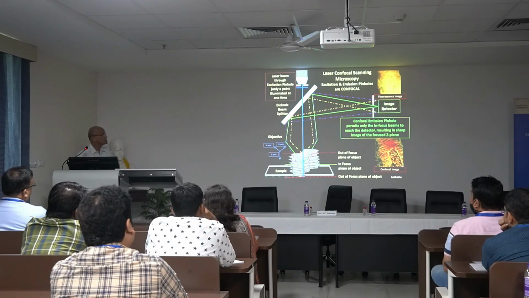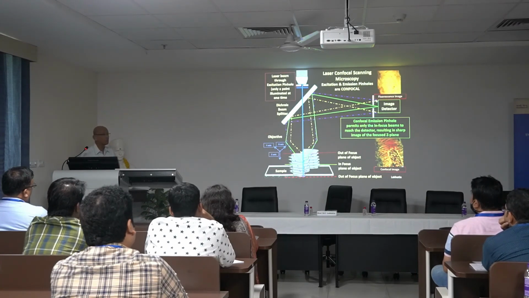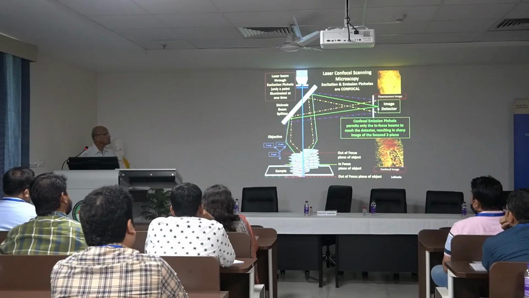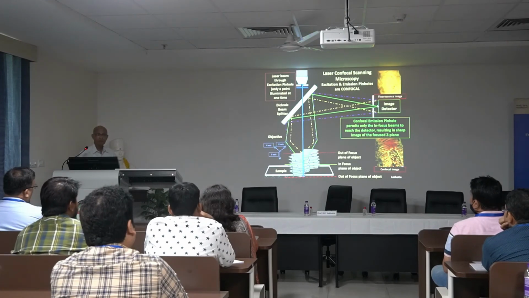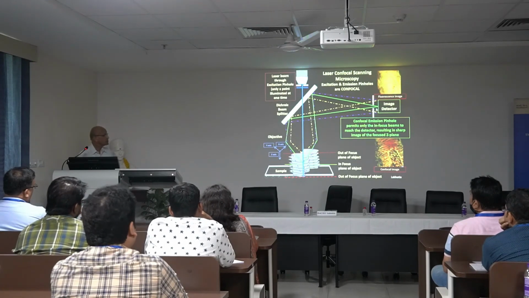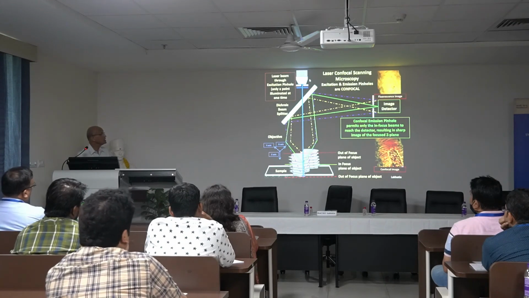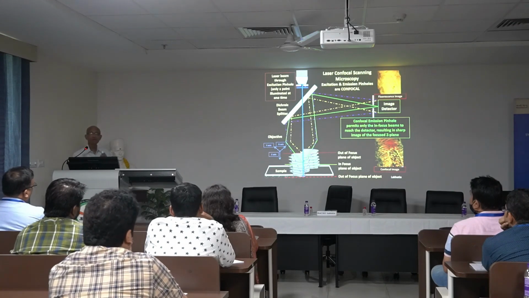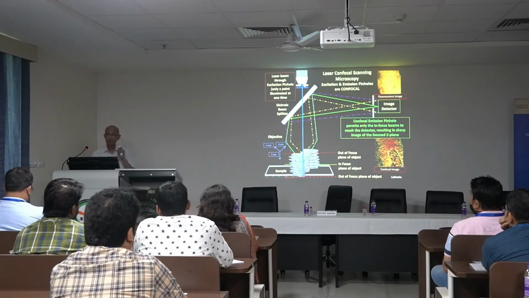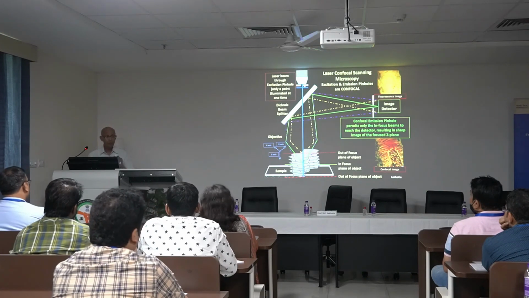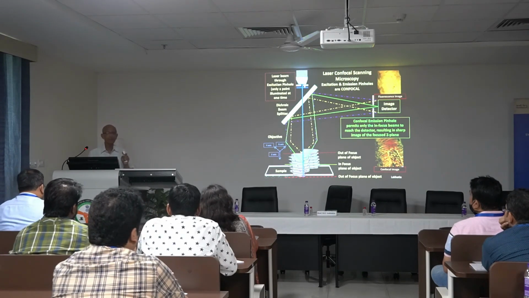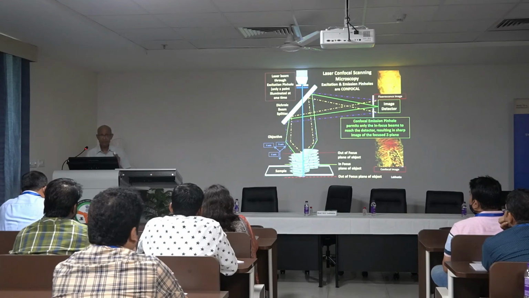So all you do is physically block all the light rays that are the peripheral part of the field of view and allow only the focused light to go in. That's it. And the important point is that this pinhole and this pinhole have to be confocal. They must not only focus at the same point, but they must move in synchrony with each other. That's what the confocal principle basically is.